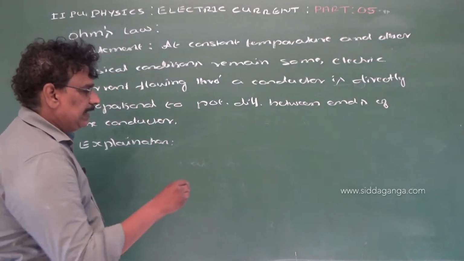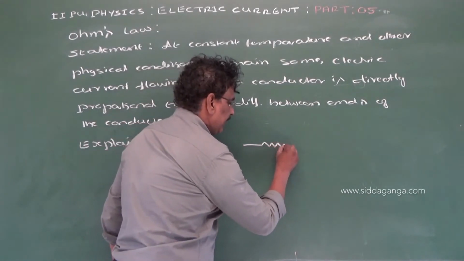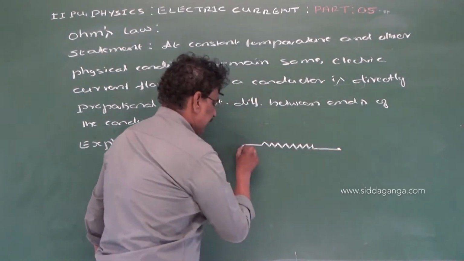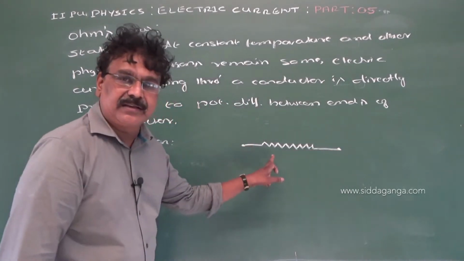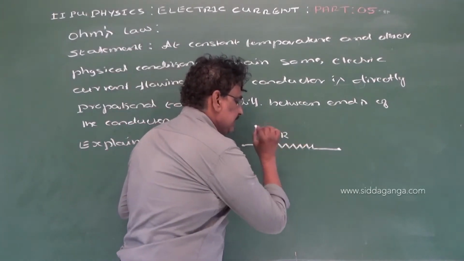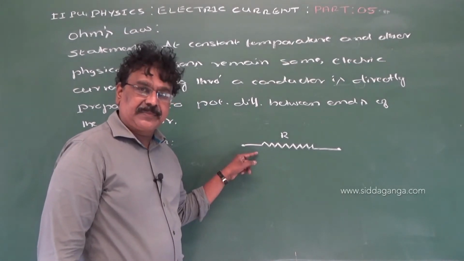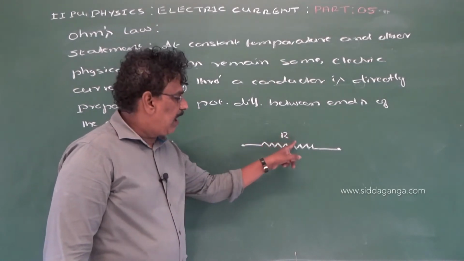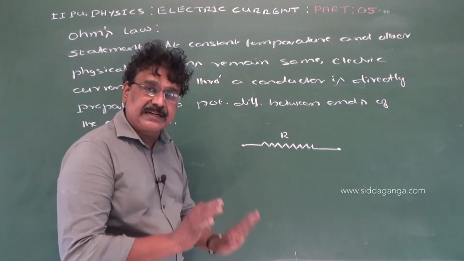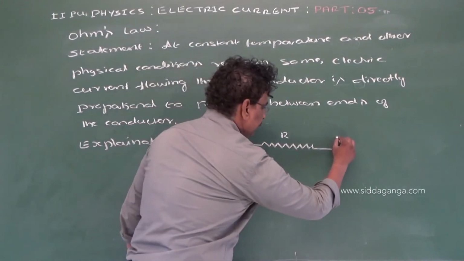Now, let us consider a conductor, represented by the symbol like this, sawtooth, right? And it is called resistance or a resistor, right? Now, R is the symbol used for resistance of a conductor. We have considered a conductor AB.